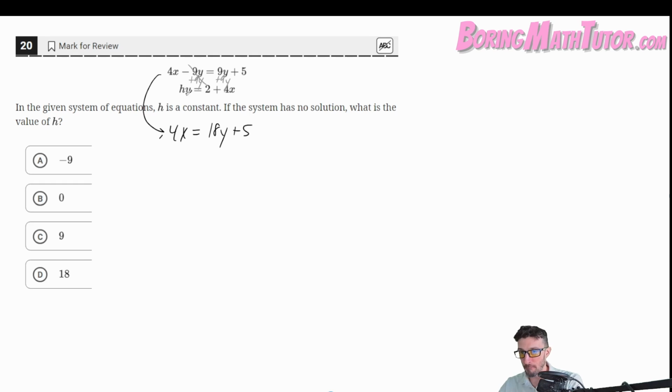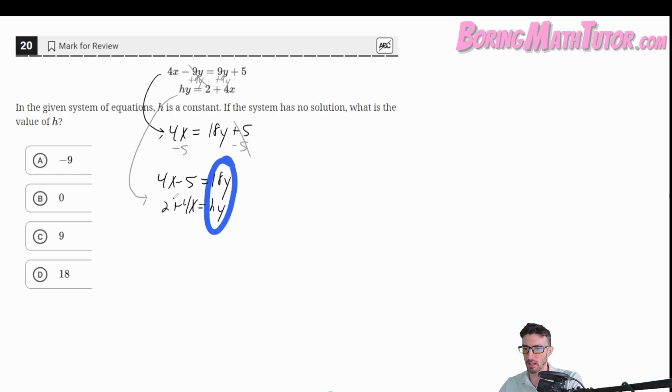And then I am going to subtract 5 from both sides. I'm going to do that so that way it now looks more like that other equation, the one with the h in it. That equation, I'm going to write the hy on the right side, just so that way I am now lining up all of my variables.